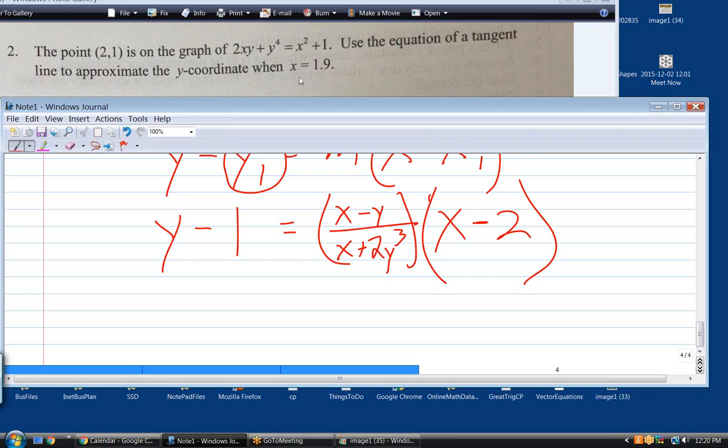Well, hold on. I need to open my calculus book here. There is a formula for this. I just don't use it often enough to have it memorized. This is the linearization. I need to look that up.